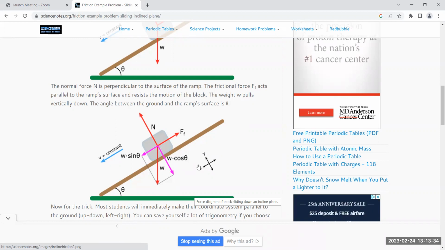Why is it cosine? We have to go back to our basic geometry and think about similar triangles. Or you could simply draw this piece here as its own right triangle and think about what we know. We know this vector here, W, which is just mg.